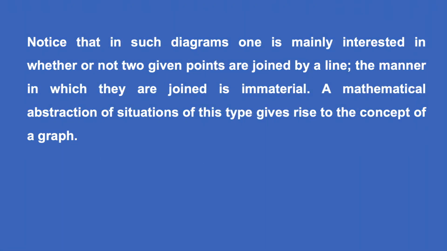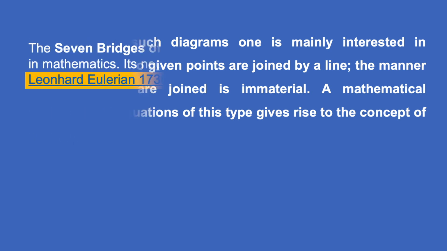Notice that in such pictures, one is mainly interested in whether or not two given points are joined by a line. The manner in which they are joined is immaterial. A mathematical abstraction of situations of this type gives rise to the concept of a graph.